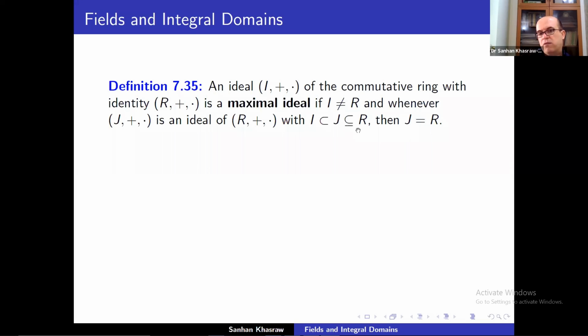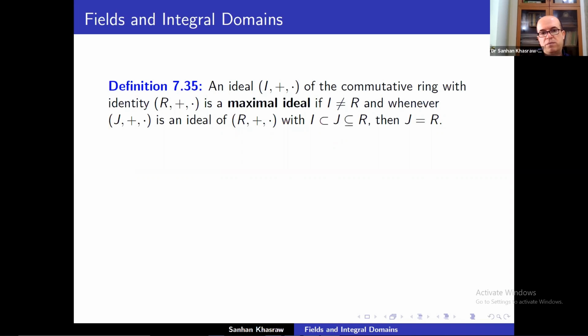So if we have another ideal J, where I is a proper subset of J and J is a subset of R, then J should be the whole ring. So it means there is no such ideal between I and R. In this case, I is called maximal.